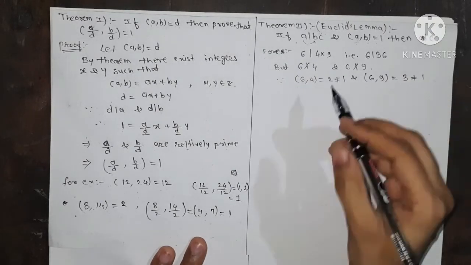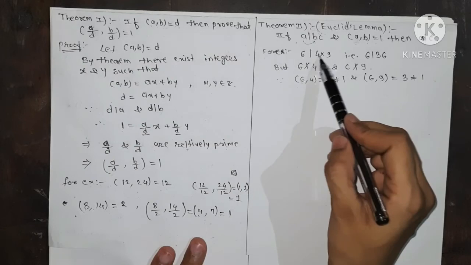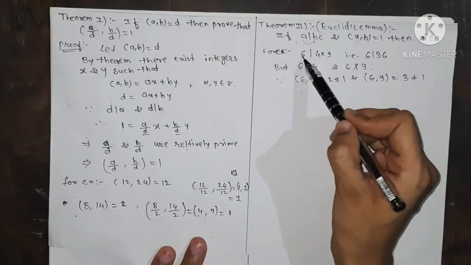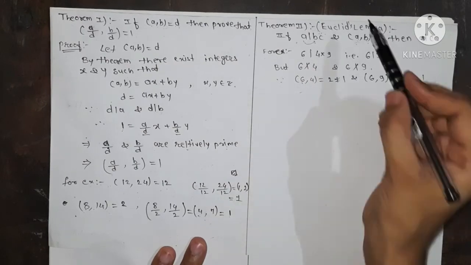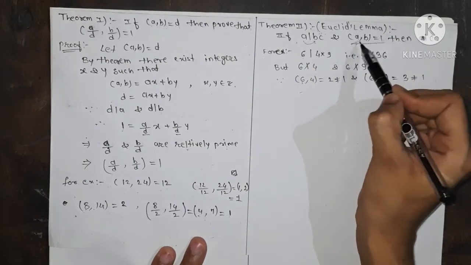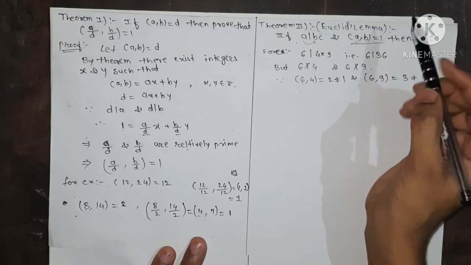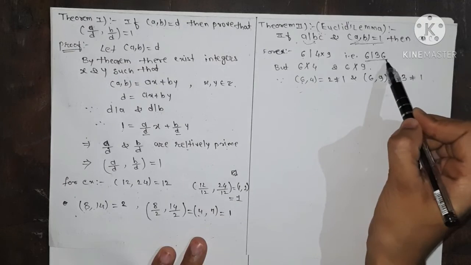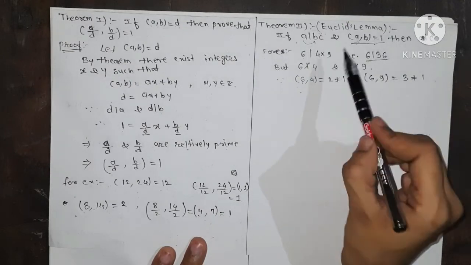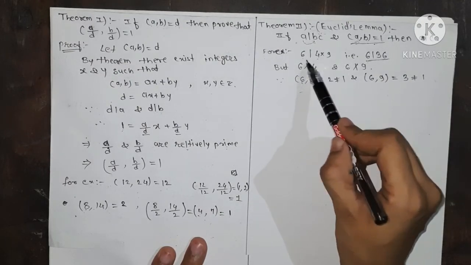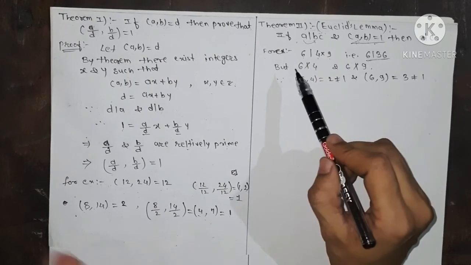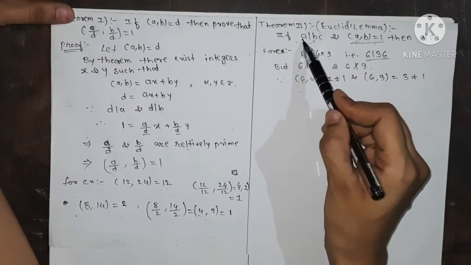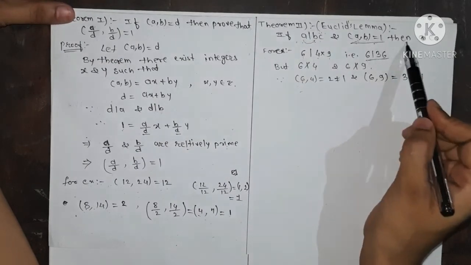So the condition that the GCD is 1 is very important, because in this example 6 divides the product, but 6 does not divide 4, and it does not divide 9. So Euclid's lemma states that if A divides the product and the GCD of A comma B is equal to 1, then A divides C.